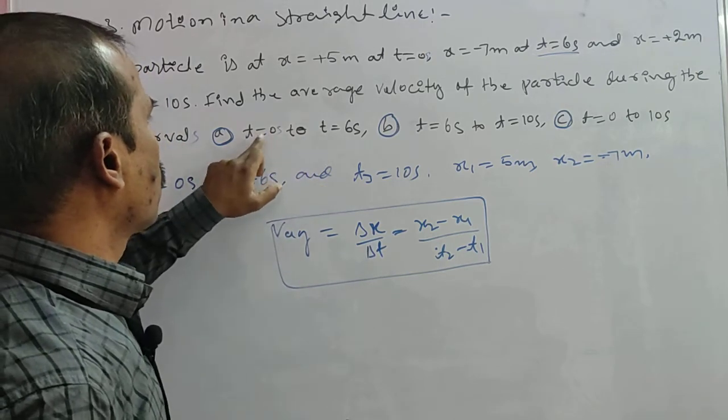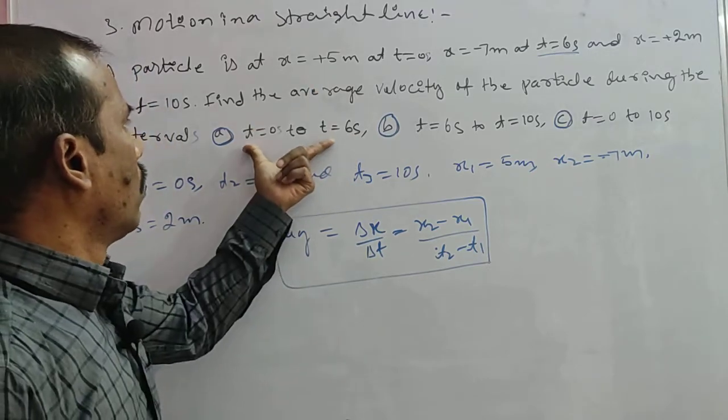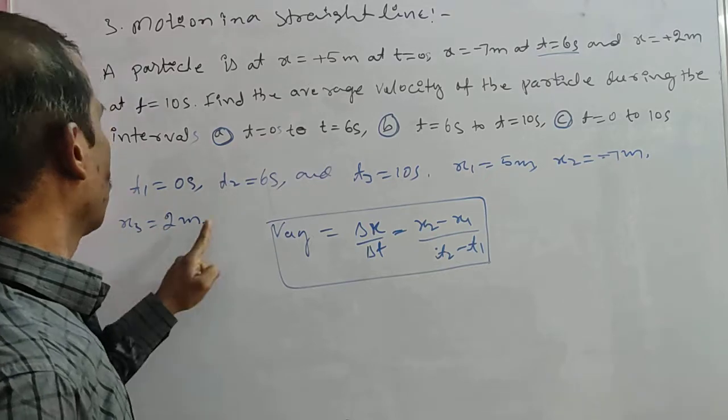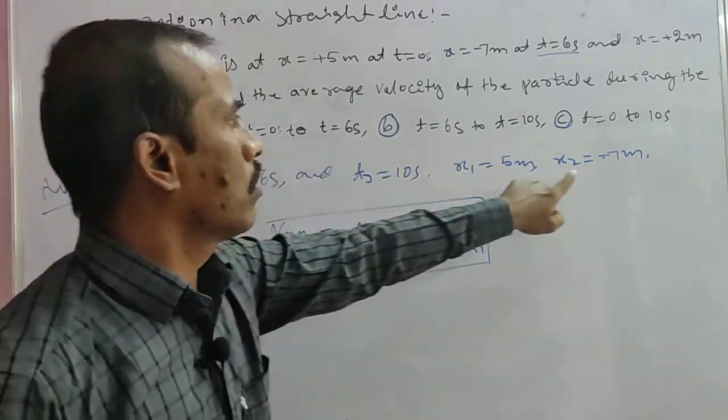Now the first condition: t1 = 0 and t2 = 6 seconds. The position at t1 is x1 = 5 meters, and at t2 the position is x2 = −7 meters.